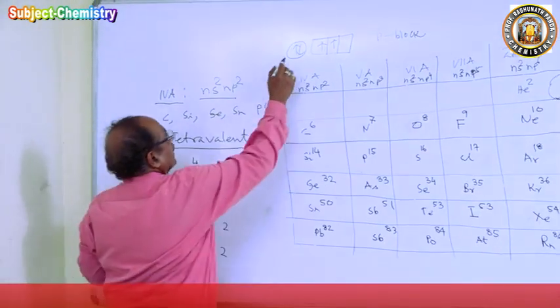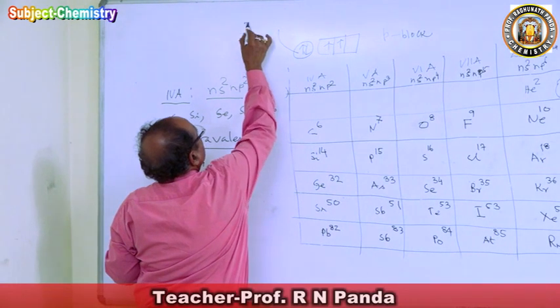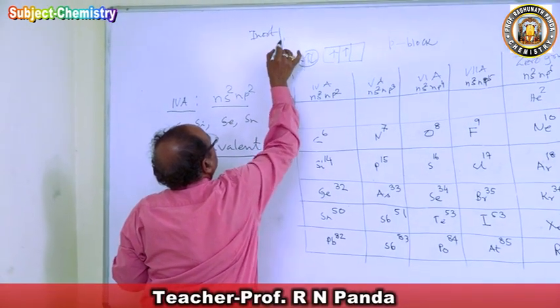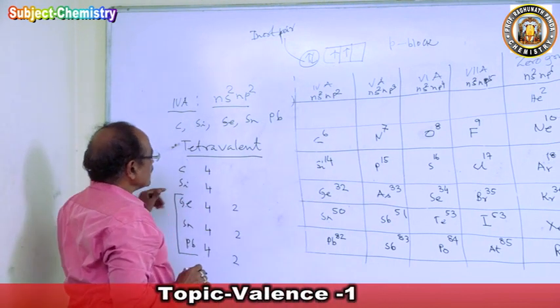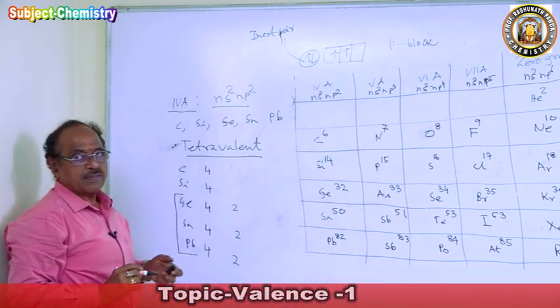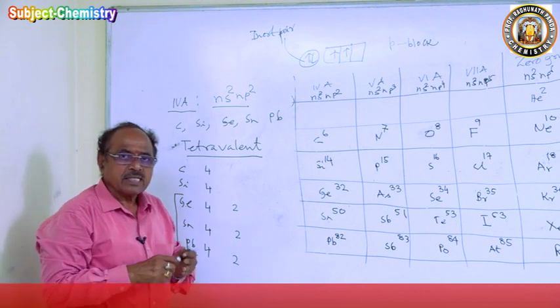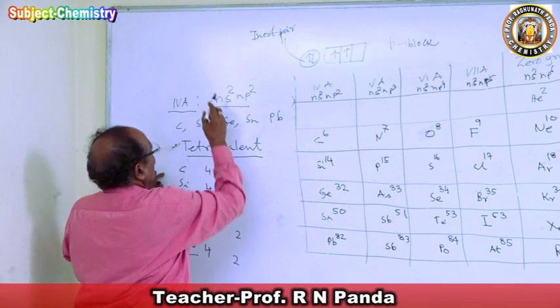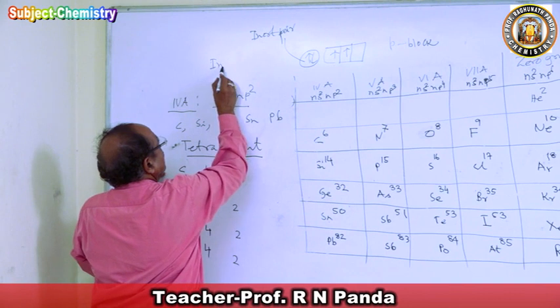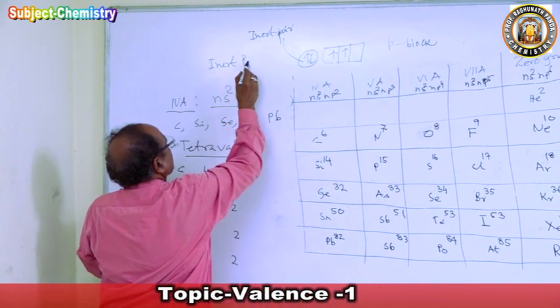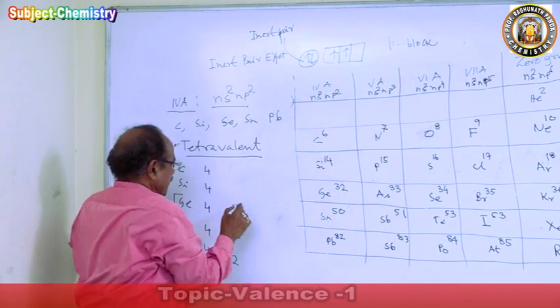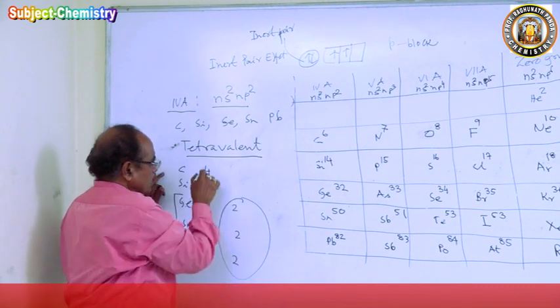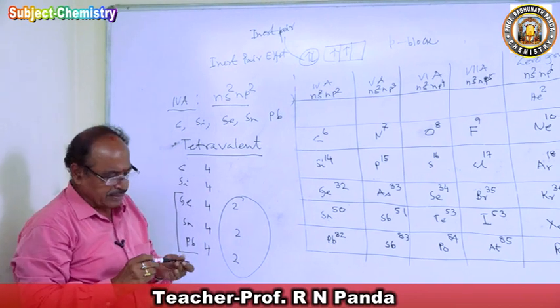Inert pair is not always available. Because of the inert pair effect, these elements exhibit valency 2, and also valency 4, the group number.